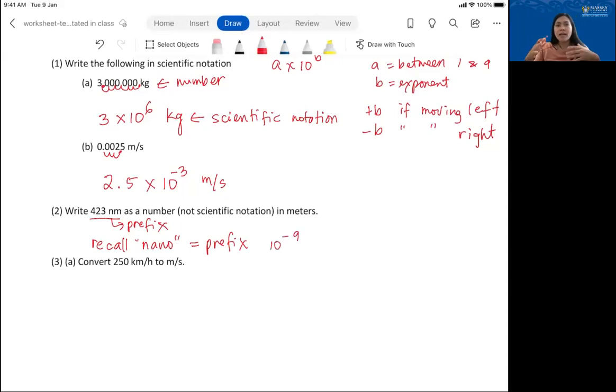In the test, it's open book, so you don't have to memorize the prefixes, but it will be useful to know. This is, I think, lecture 5, free fall.